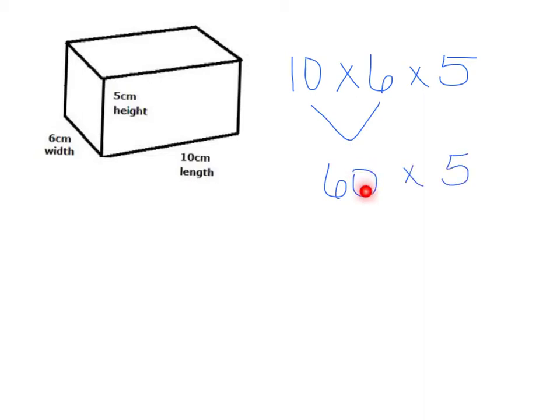I know that if I have a 0 here, I can just multiply my 6 times my 5. So 6 times 5 is 30. And then I can't forget about my 0. I have to add my 0 to the end. So it's going to be 300 centimeters. And don't forget our little exponent of cubed. Why? Because we have 6 centimeters times 10 centimeters times 5 centimeters. So there's 3 centimeters that we multiplied, which gives us centimeters cubed.